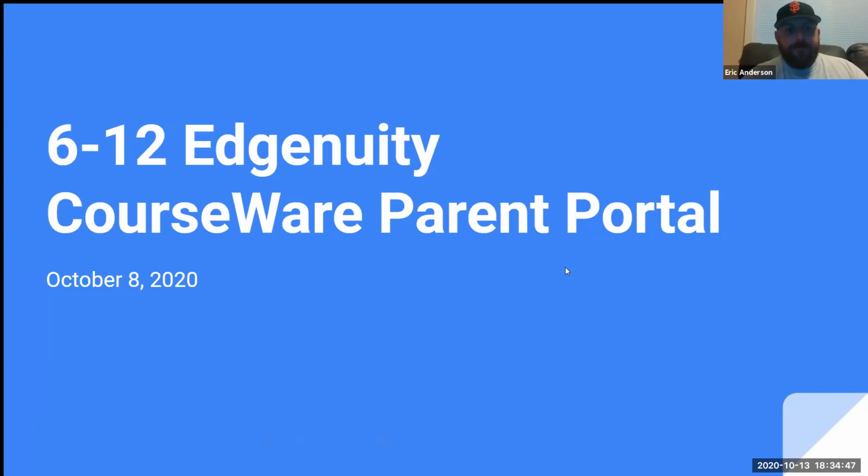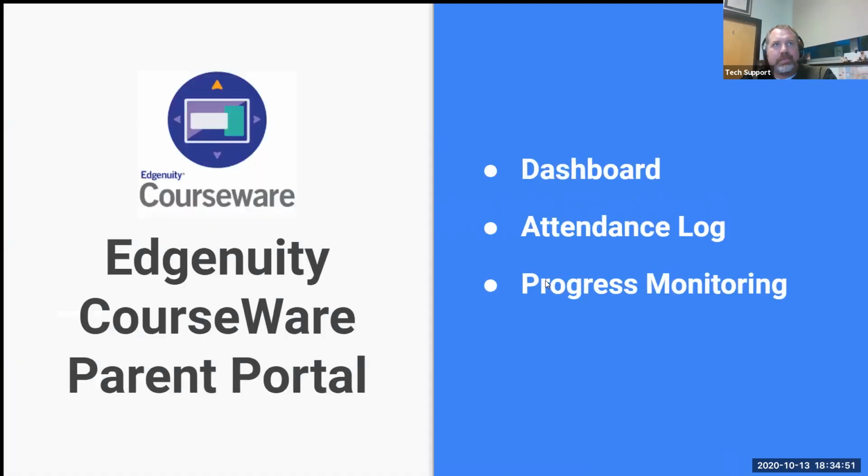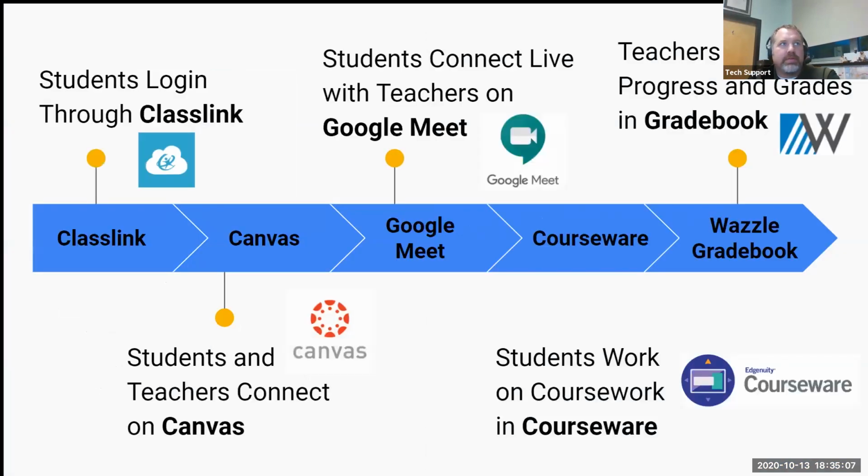Okay. So the parent portal setup on the parent side needs to be a cooperation between the teacher and the parent for 6th grade through 12th grade to get the parents getting updates daily or weekly on their progress. As Josh mentioned, it's super progress based. So the student logs on to ClassLink, they get into Canvas and Google Meet sessions synchronously, and this is really where we're going to focus on courseware because parents want to know how they're doing there.